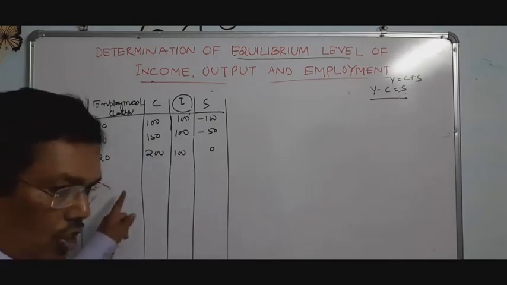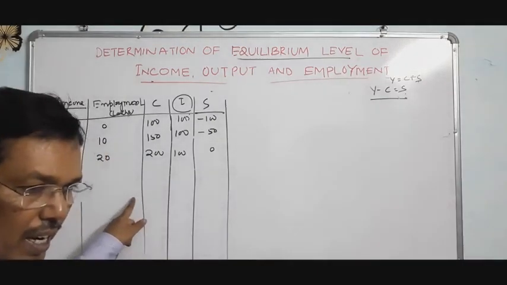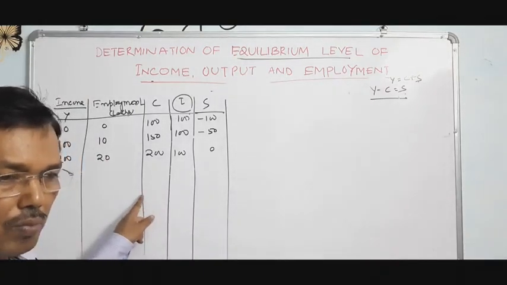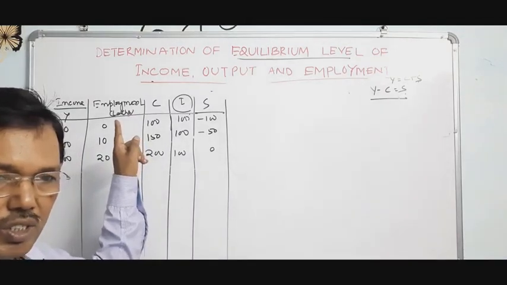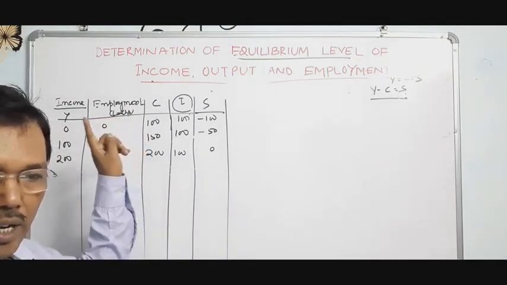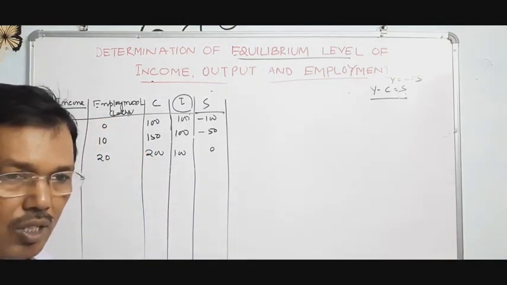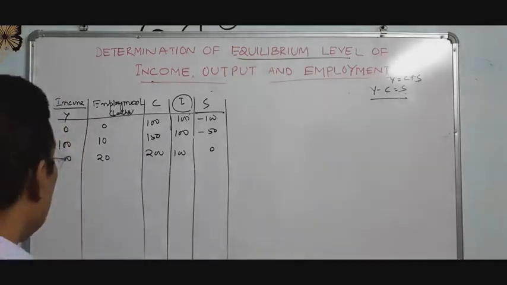We have already discussed all these tables, which is why I am drawing directly. If you have any doubt, go through the last period, where we discussed consumption, saving and investment as components of aggregate demand.